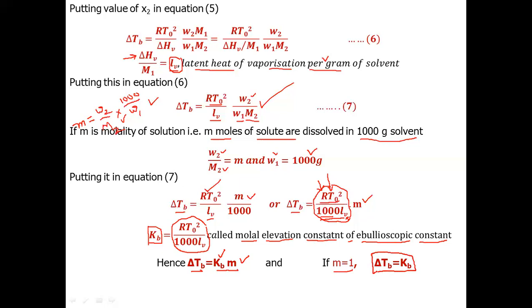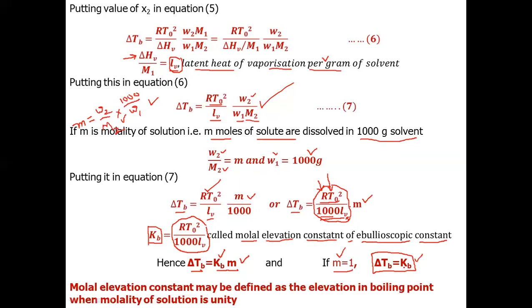So from these two relations, we can define Kb. Kb is defined as the elevation in boiling point, delta Tb, but it is conditioned to what? The condition is that the molality of the solution has to be equal to 1. So we will define molar elevation constant as the elevation in boiling point when molality of solution is unity.